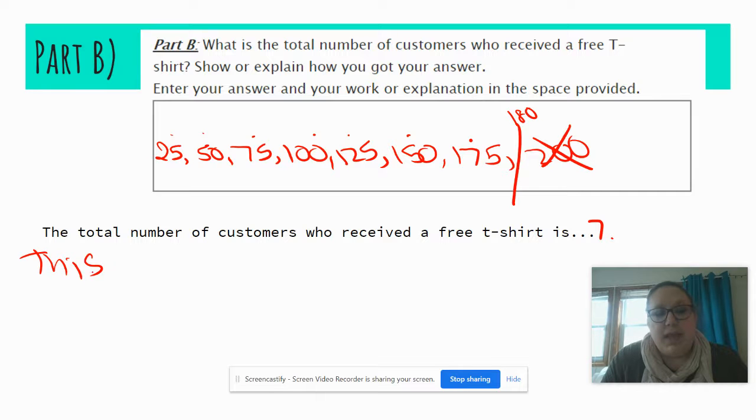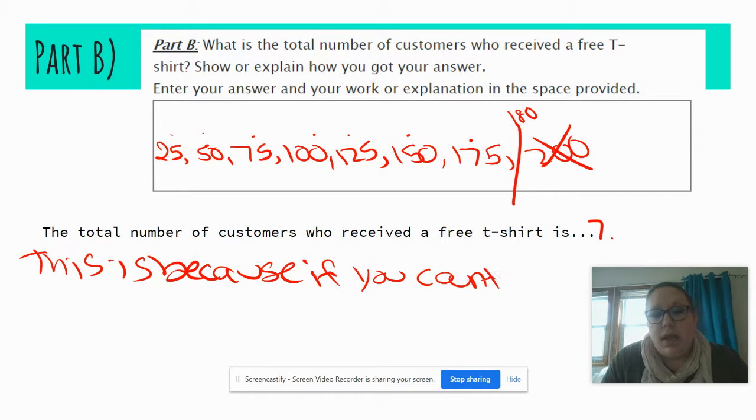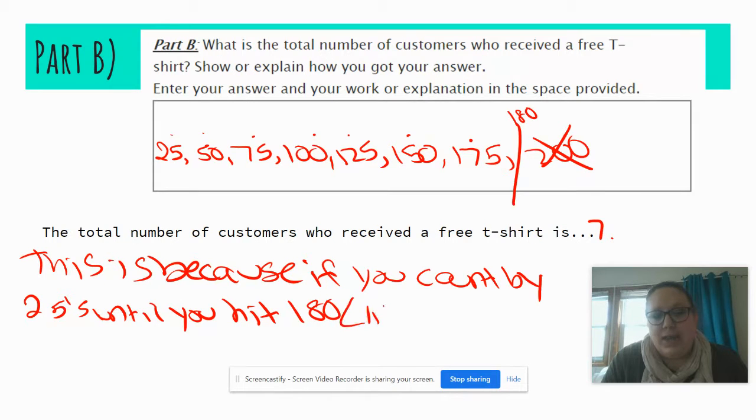This is because if you count by 25s until you hit 180, and I'm going to put 'as shown' because we showed up there, so we're actually showing and explaining.